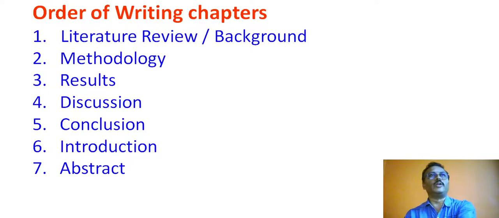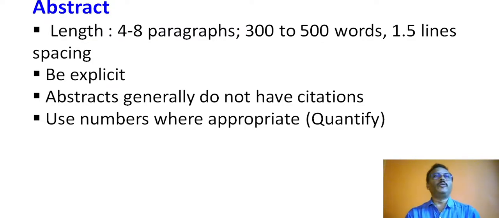So note this order. Coming to individual details, the abstract should usually be 4 to 8 paragraphs. Some people write only 2-3 paragraphs and close it, or they write one full page with no paragraphs. That has to be avoided. And some people may start writing 4-5 pages.